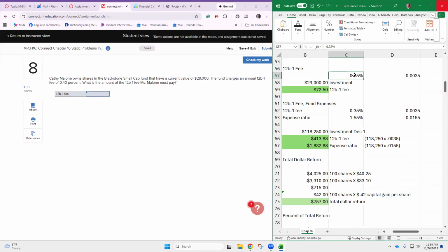Let's put the number in. That calculates into decimal form, if you like to use decimals like I do, 0.0040. And that's the number I want to take times the asset value or the account value. So it's going to be a pretty small number. Pretty small number of 116 is what I got.